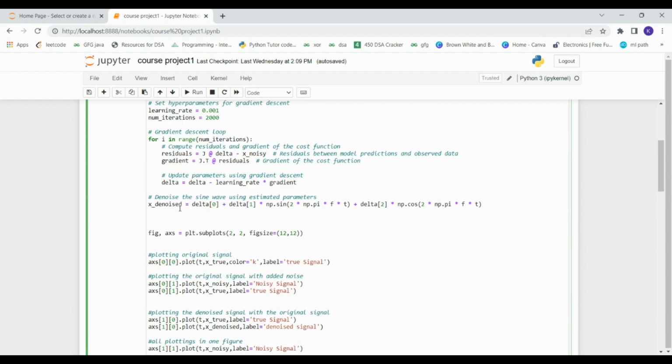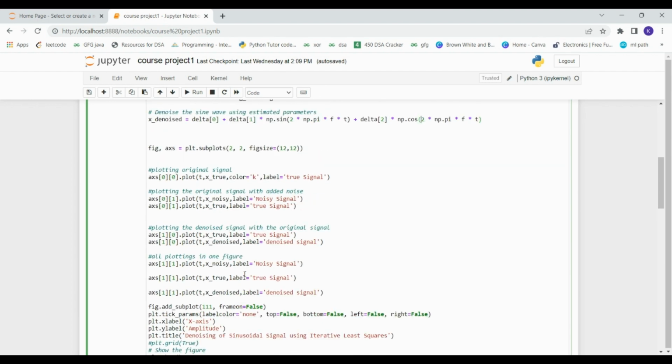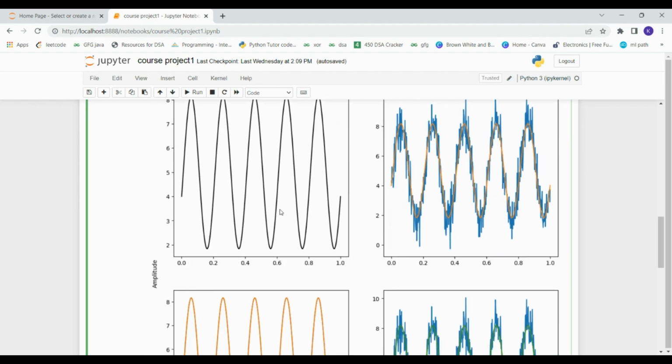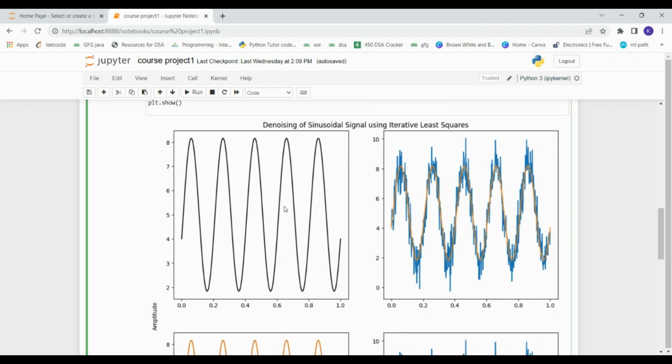By taking the delta values, we reconstruct the x denoised, and this is the code for all the graph plots. In the first graph I have plotted the original signal which I have taken, and then after adding the noise, this blue one represents the noise and the orange one represents the true signal.